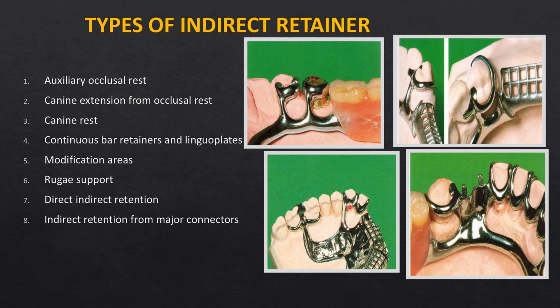It may be a simple rest such as a cingulum rest, an incisal rest, or an occlusal rest. If it is placed anterior to the fulcrum line, at a right angle to the fulcrum line, it is known as an indirect retainer, such as you see here. This mesial rest on this tooth acts as an indirect retainer. Over here, this cingulum rest on the canine and on the lateral incisor will act as an indirect retainer.